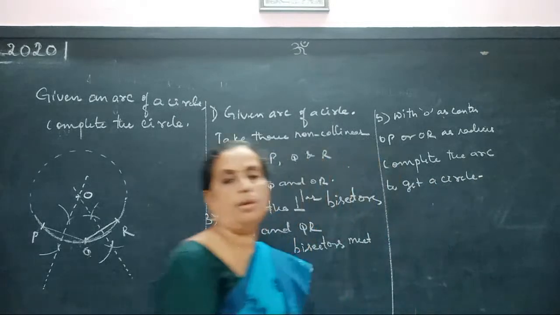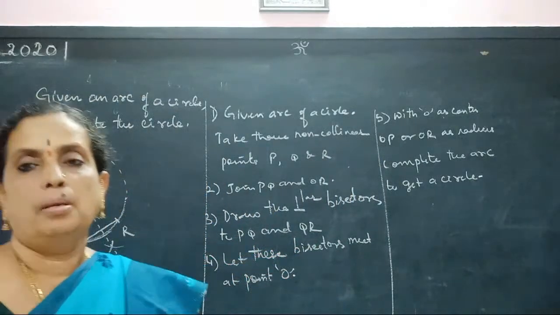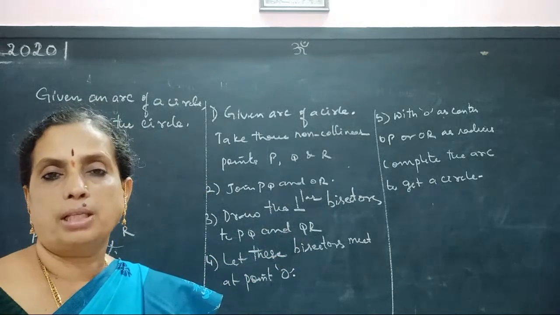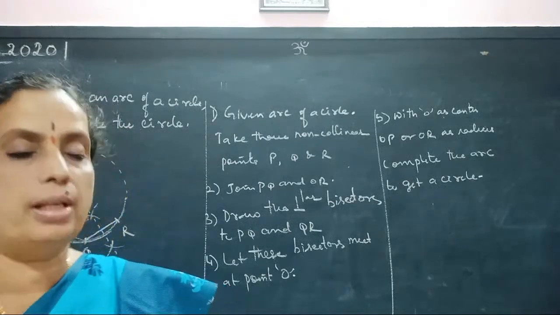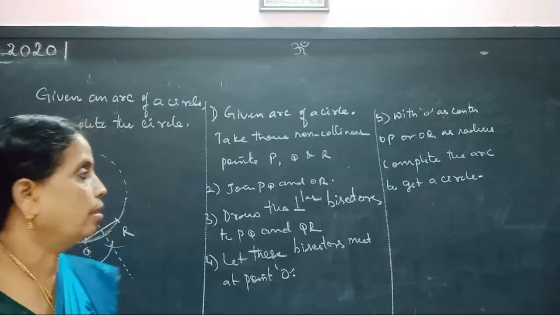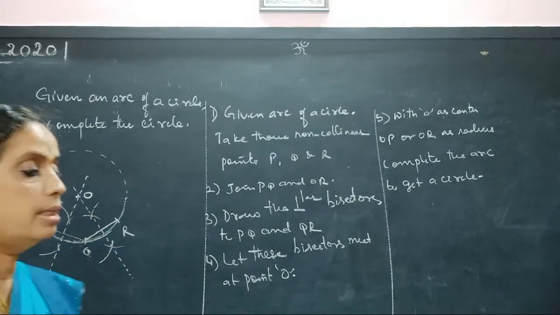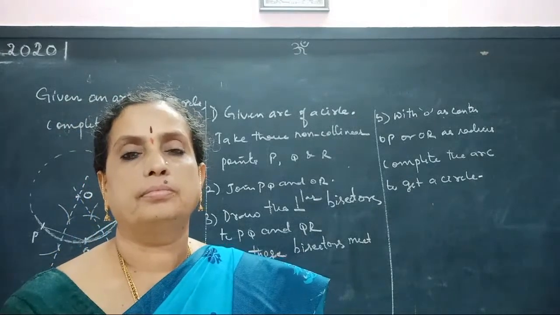This is how we can complete the given arc of a circle by locating the center of the circle. Okay?